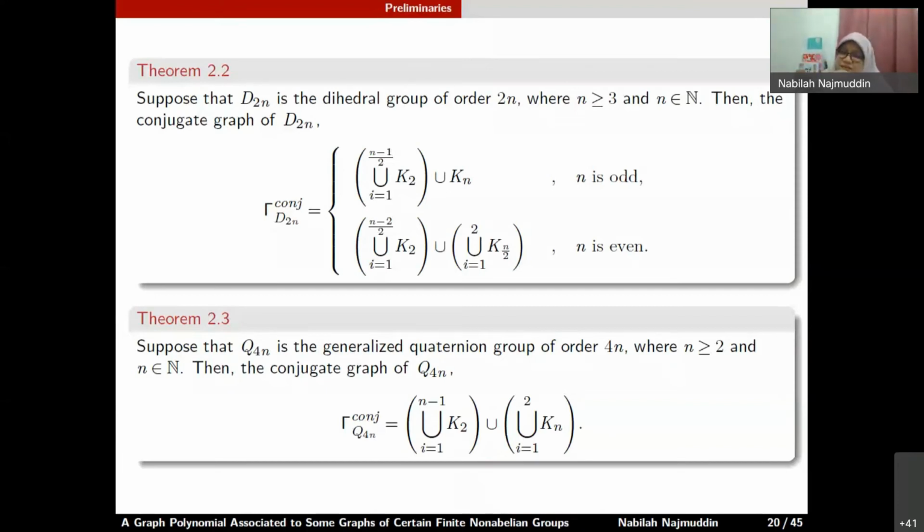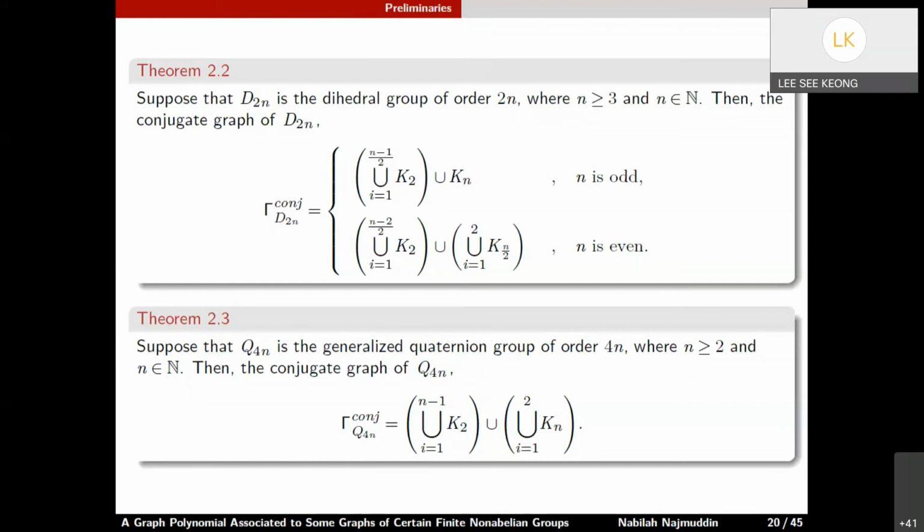Maybe this is the way you have to explain what it means. You just put K2, but there should be a way to explain. I think you are trying to say that in K2 there are n minus 1 over 2 different combinations? Not different.